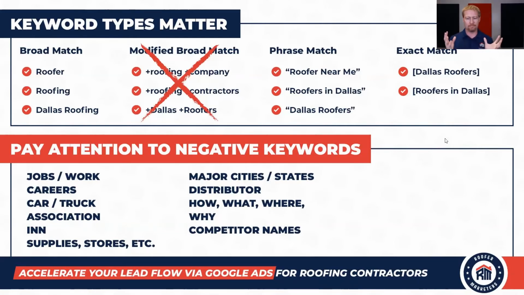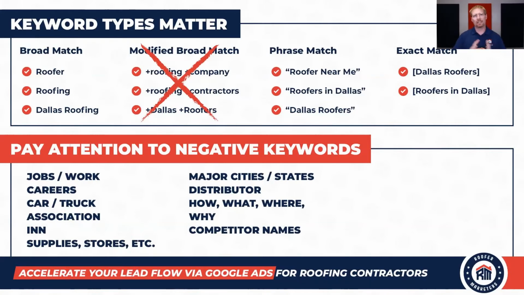Maybe even for roofer, but you're bidding on roofing company. It could be for gutter repair. If Google feels that gutter repair is similar to roofing, it'll show you for gutter repair. So that's why we want to stay away from these broad match searches in most instances.